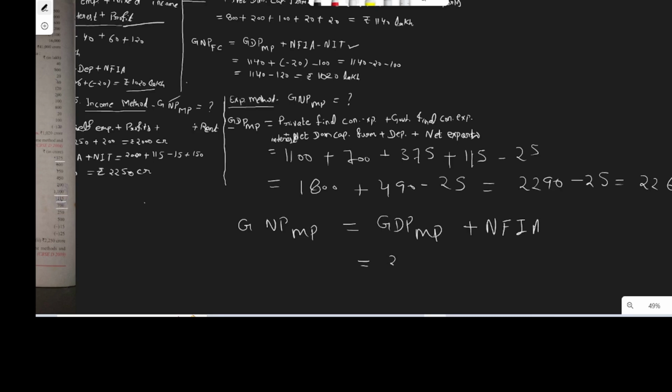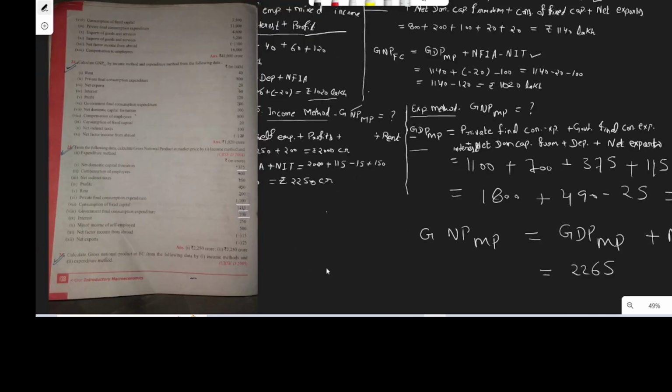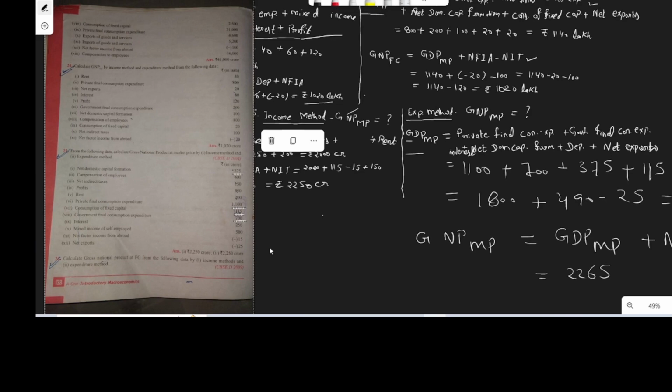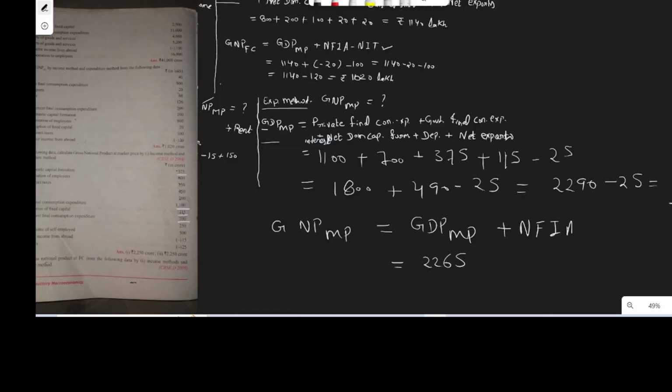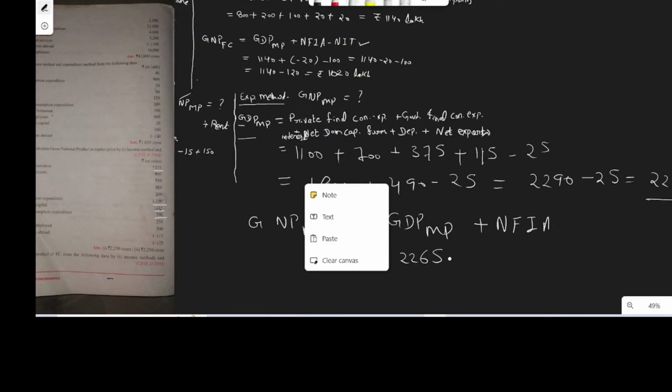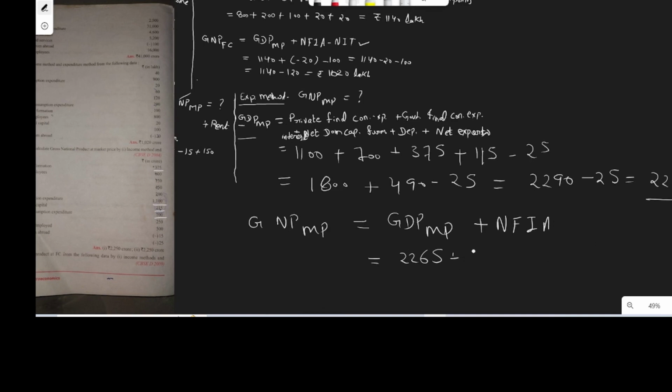Okay, then 2265 is GDP, you can see here we had calculated it, and NFIA, I need to check what is the value of NFIA. It is minus 15, okay? Minus 15. So plus minus, minus, or I can write like this.